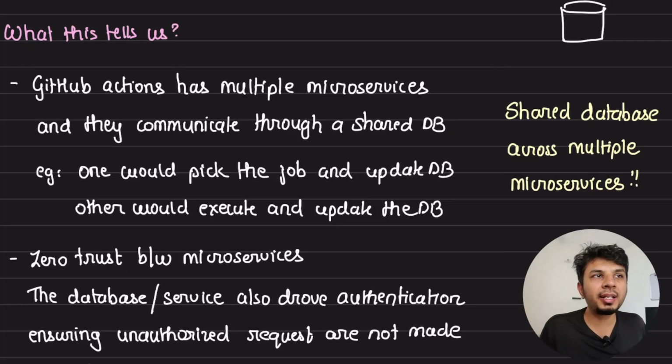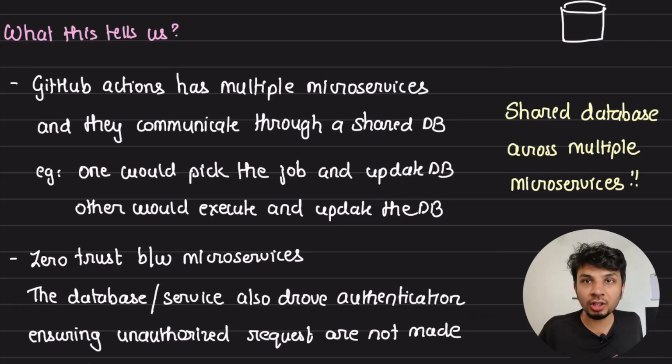Although people think that we should not have a shared database, we should have a database for every microservice, it is infeasible with respect to cost. If you do not have a shared database, a lot of network latency would shoot up and you would incur a lot of cost. In most cases, that is not needed. So sharing a database looks like an anti-pattern, and it is indeed, but a lot of people adopt it.